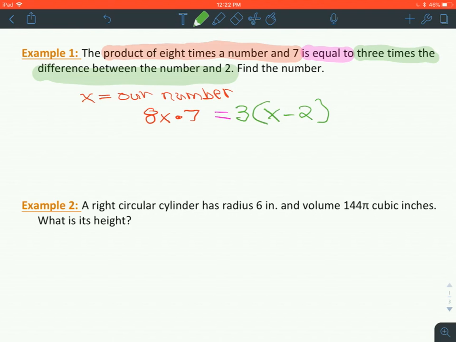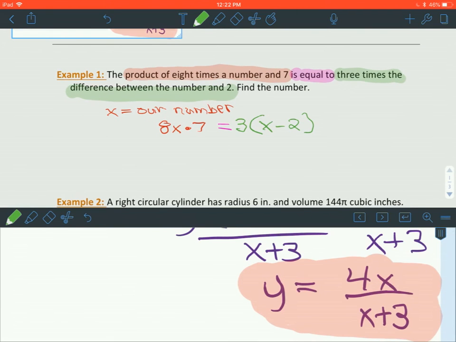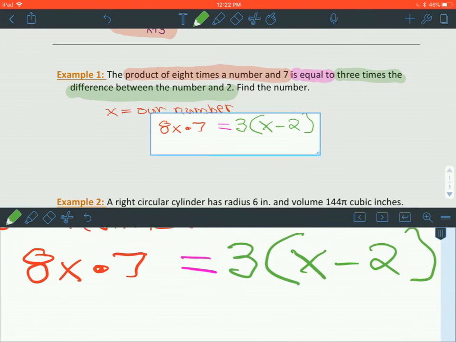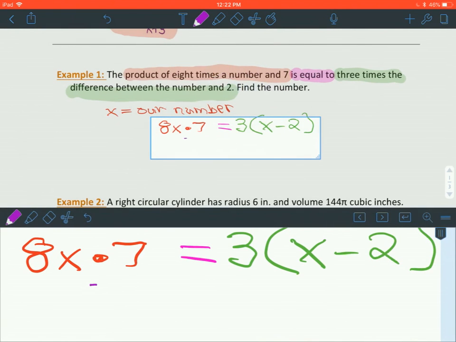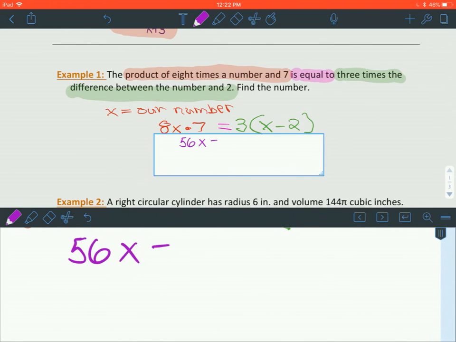Sorry for my messy handwriting. Let me zoom in here. So if we're solving, we're going to have 56x is equal to 3 times (x - 6)... Subtract 3x from both sides.